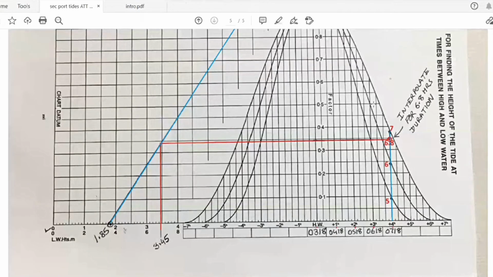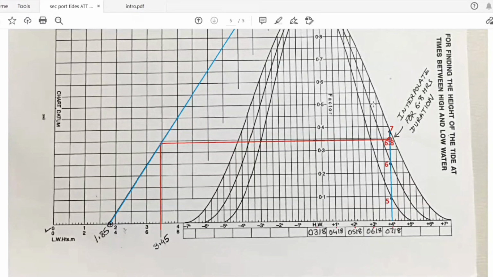You have to go to the harmonic constant method. More than 7 hours, you have to go to the harmonic constant method. And in between, if you got F4, F6 values, which I'll explain later, then also you have to use the harmonic constant method. Here our interval is less than 7, so we can interpolate, but if it was more than 7, we cannot, and we have to go to the next method, known as the harmonic constant method.